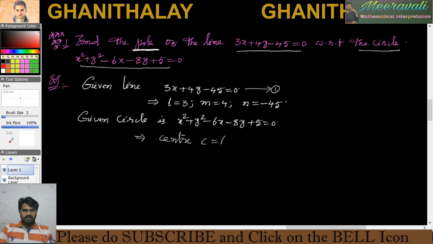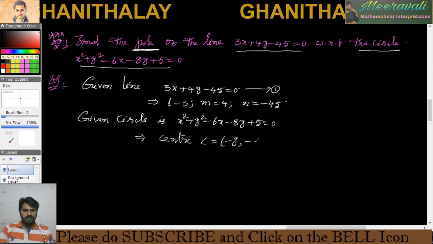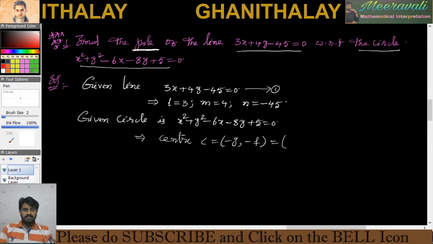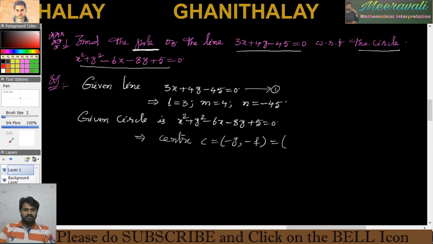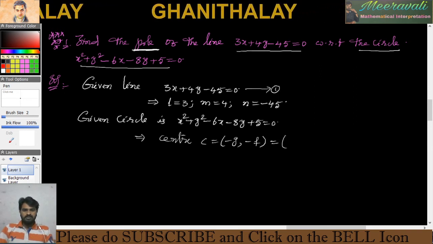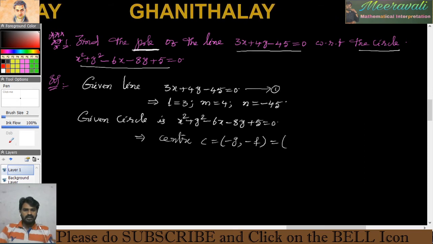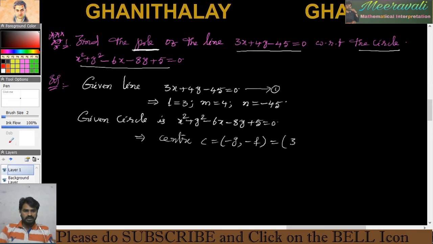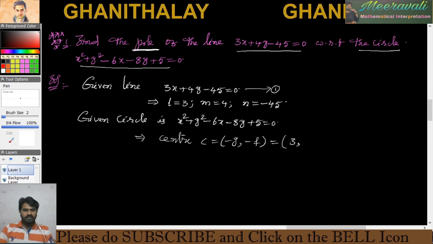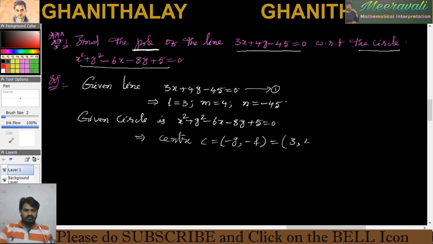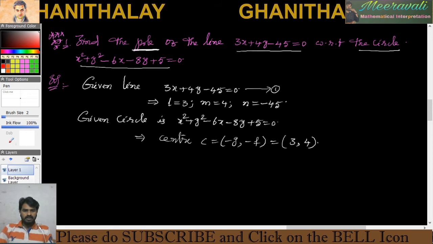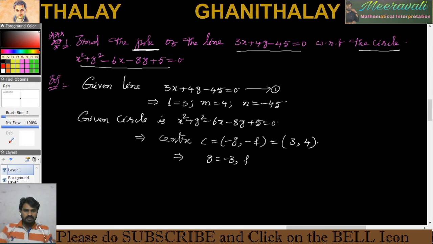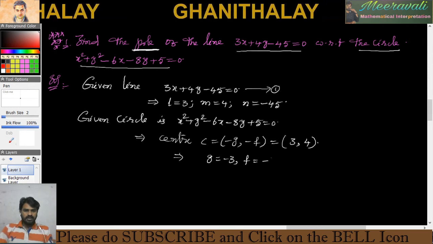After writing this, you can find the center of the circle. Generally the formula for the center is minus g, minus f. Remember one thing, to find the center the circle must be in the general form, and the given circle is in general form. Half of the x coefficient negative, that is 3, half of the y coefficient negative, that is 4. So comparing, you get g is equal to minus 3, f is equal to minus 4.